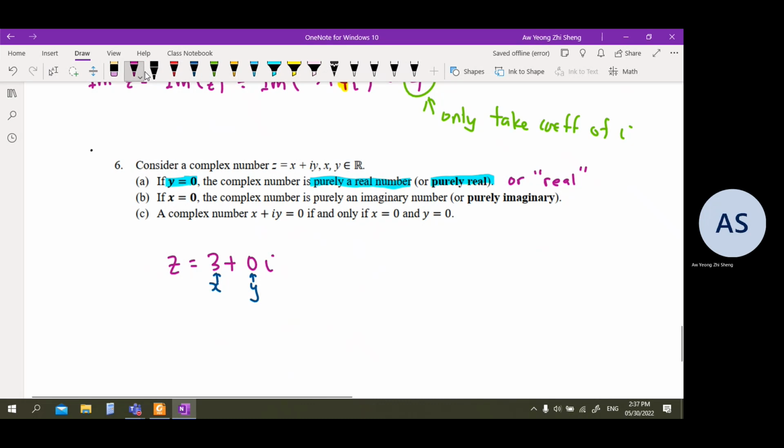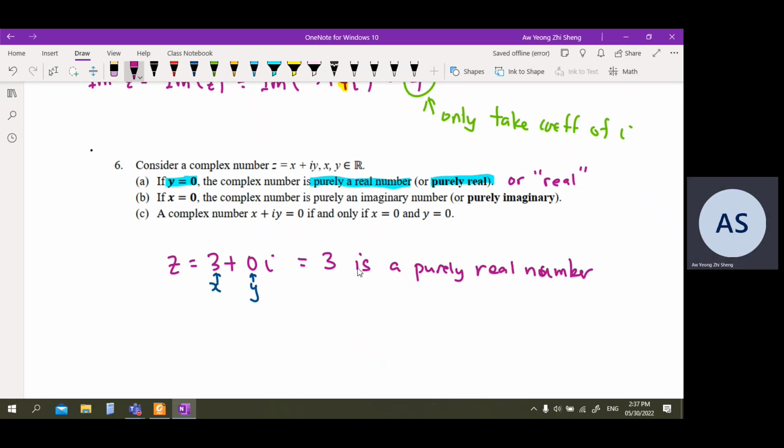And 3 plus 0i, of course, can be written as 3, because 0i is simply 0 and 3 plus 0 is just 3. Now, this is a purely real number, because it doesn't have any imaginary term. It doesn't contain i. That's why we say it's purely real.